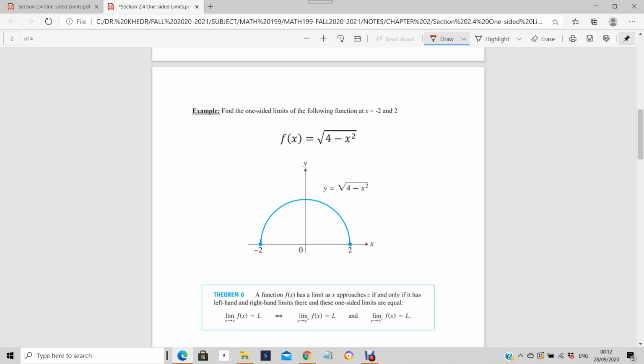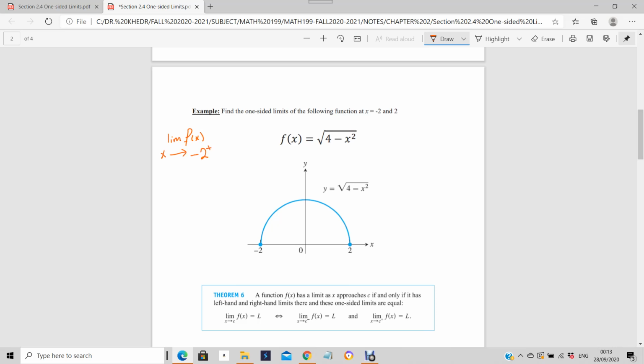So let's see at x equals minus 2. I'm going to find the two-sided limits of f of x as x approaching minus 2, first from the right side.